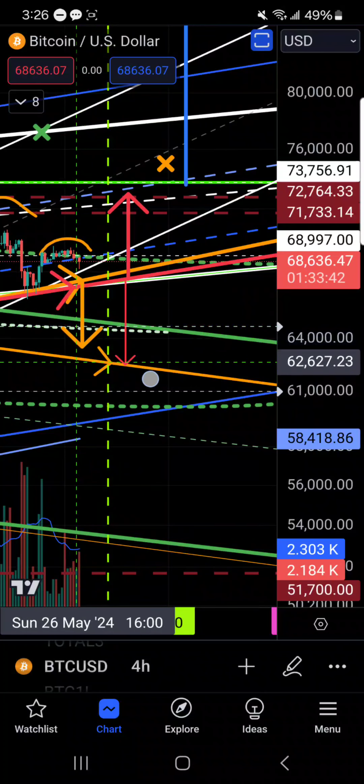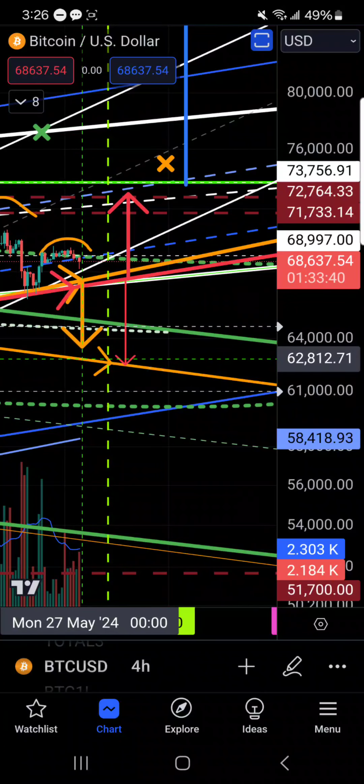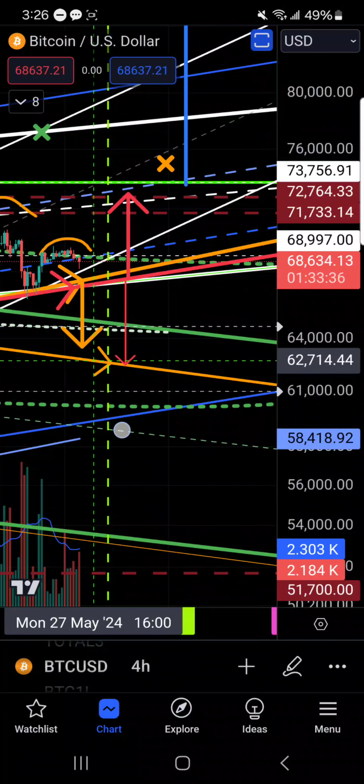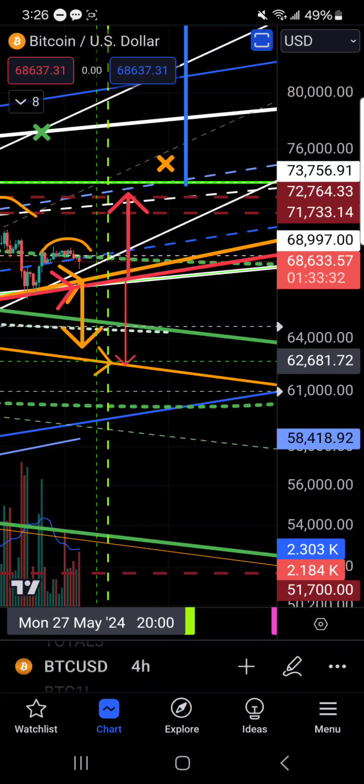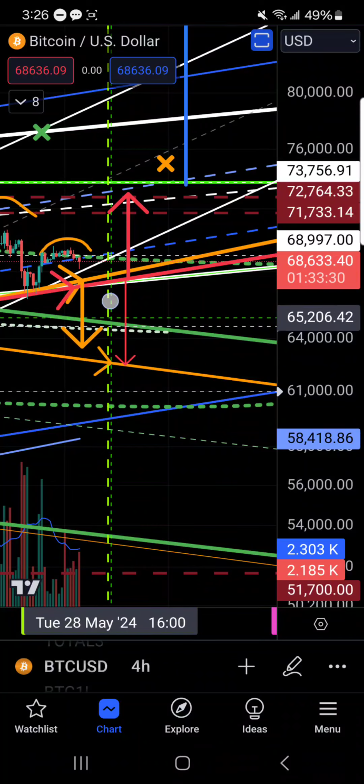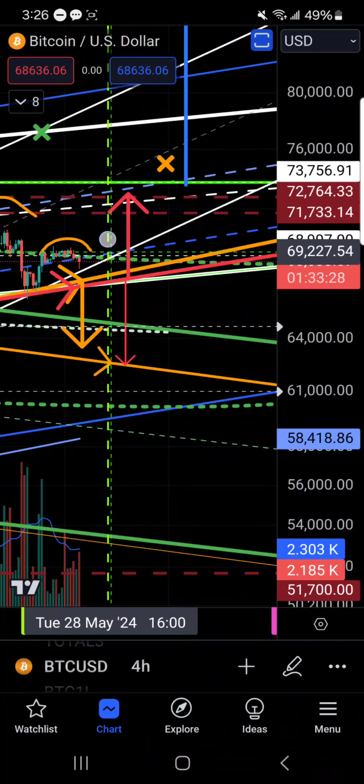That's about 62.6 to 62.8ish. And then recover from that before market opens, probably back up to 69,000. That's what I would do if I was a big whale trying to screw a lot of people over.